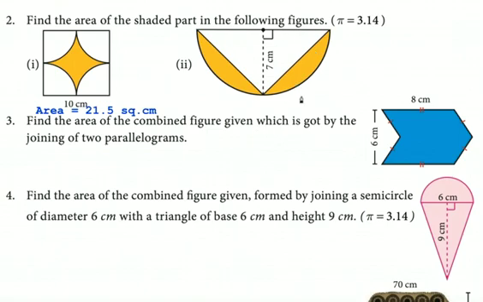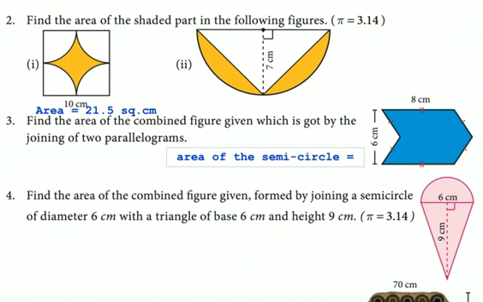14 is the diameter or 7 is the radius of the semicircle. First find the area of the semicircle. How much? Half pi r square. R is 7 cm. Okay, so if we are permitted to use 22/7, that would be good enough. Whatever it may be, we are taking radius as 7.